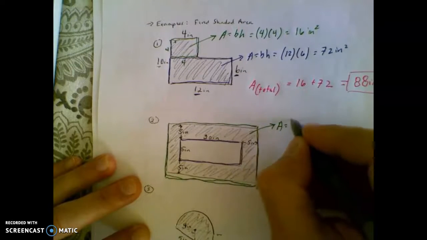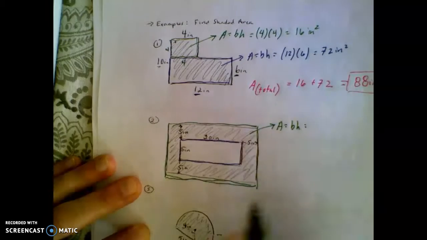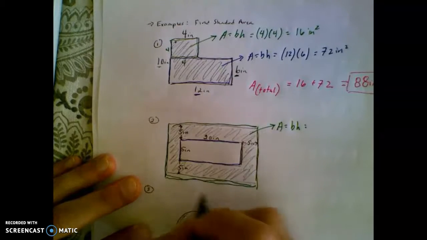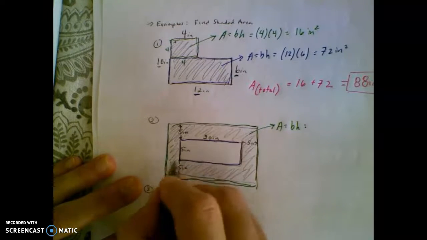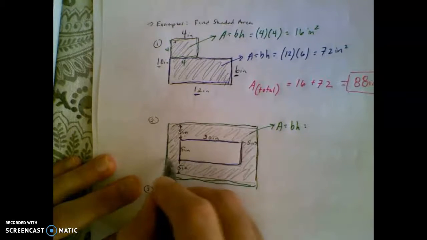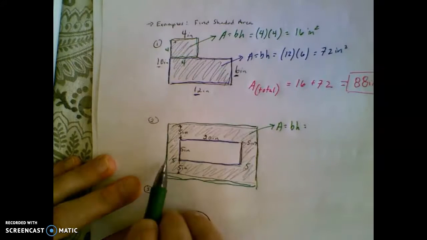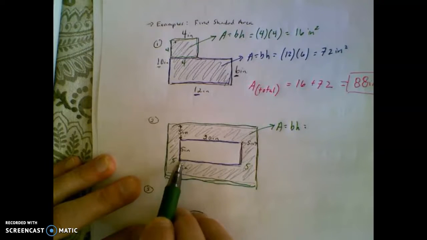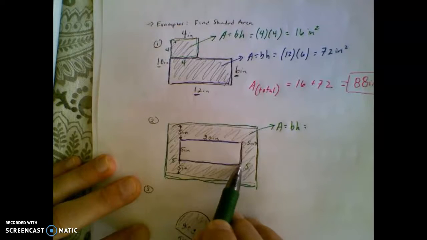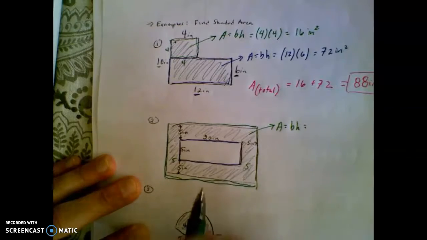So let's start with the area of the green one. Area of a rectangle is base times height still. So let's see, the base I'm going to be able to get by using this 20. And then each of these distances between here is 5. So this is 5, this is 5. If it's 5 from here to here, 20 from here to here, that's a total of 25, and then another 5 would be 30.